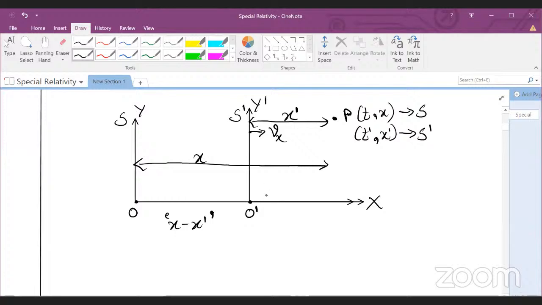Say at time t equals t dash equals 0, at the beginning of the experiment, both the origins coincided. But as time proceeded, S dash is moving at a velocity Vx. Because of this, we can tell this distance to be Vxt. Why? Because at the beginning, t equals t dash equals 0, both the origins coincided.